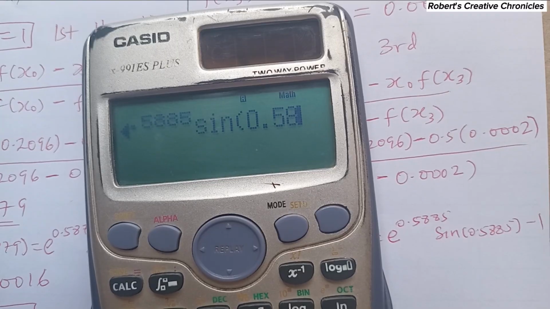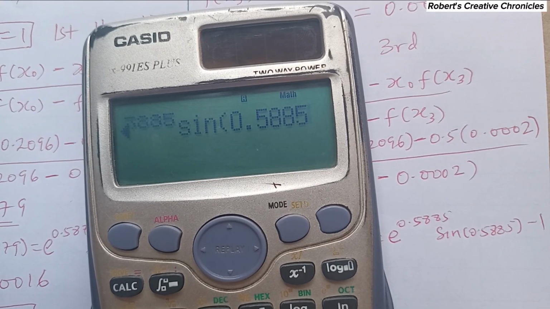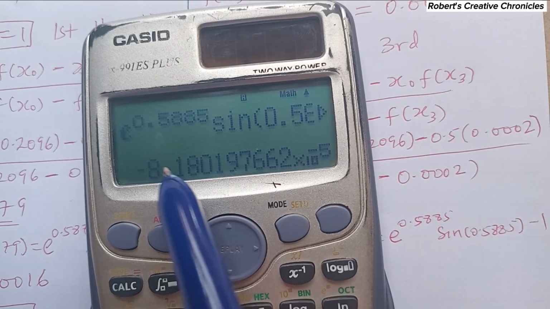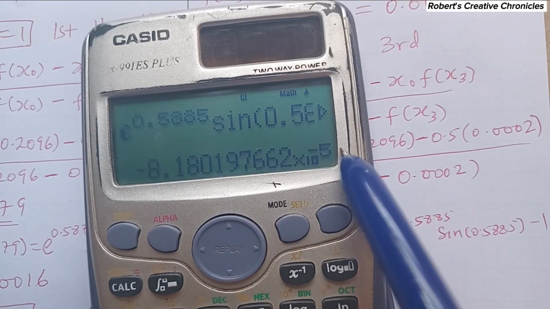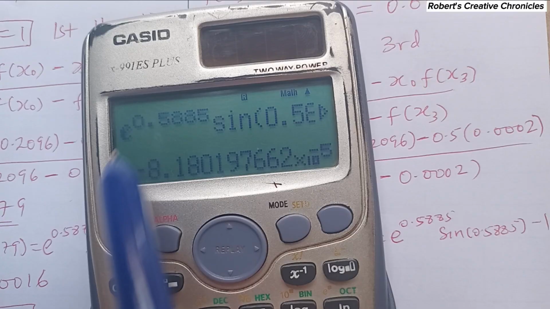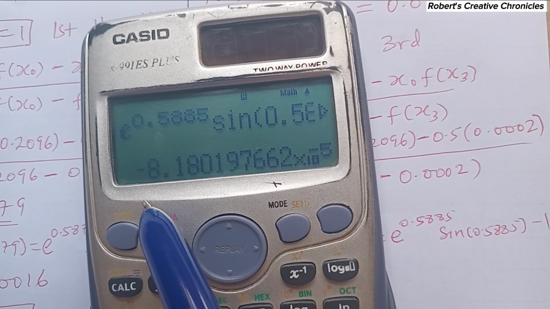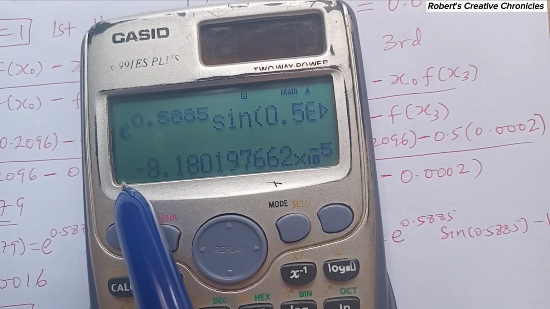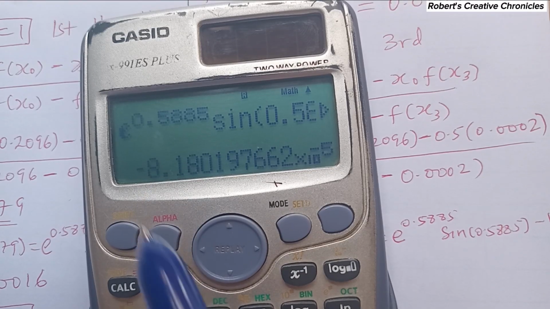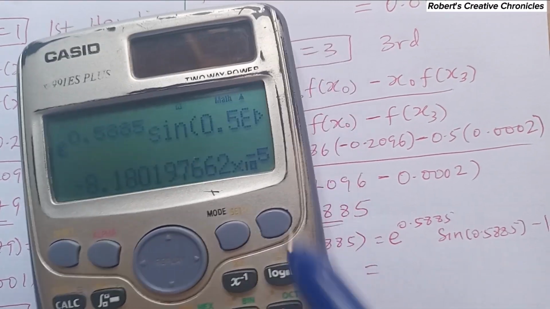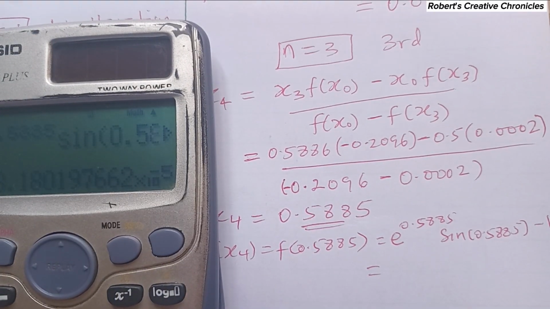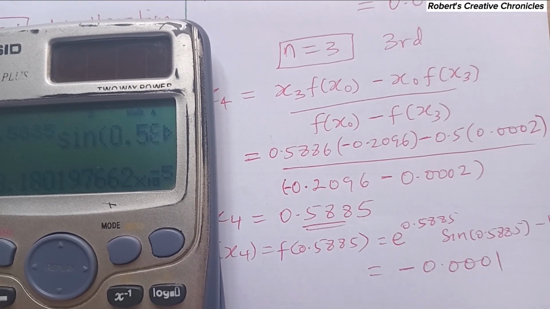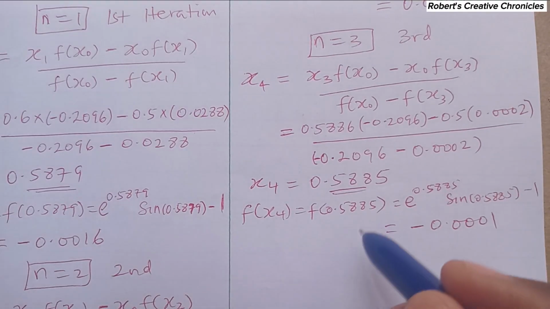This will be, since it's negative 10 raised to the power minus 5, you will find 4 decimals before this 8. So approximately it will be negative 0.0001. So now we'll do the last iteration.